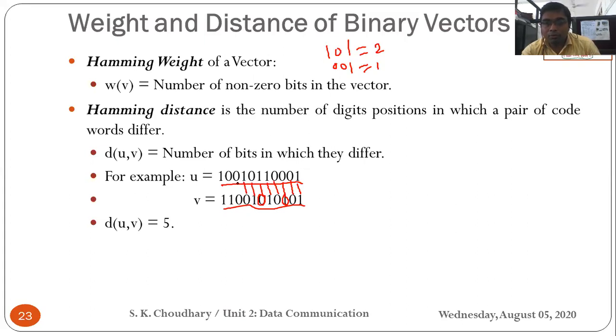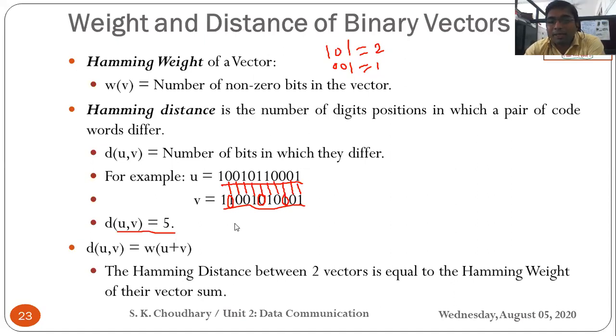Again different: 4. Same. Again different: 5. And the last, MSB, is same. That means there are 5 digit positions where the pair of code words differ, so the Hamming distance is 5. In this way you calculate the Hamming distance. This is very simple mathematics.